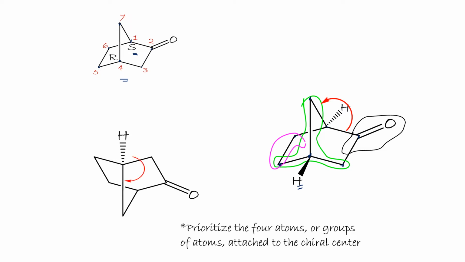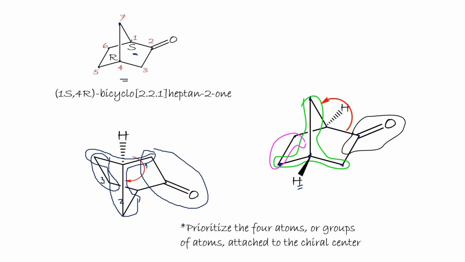Again, we have this group, number 1, number 2, and here is 3. 1, 2, 3, that's clockwise, so the name will be 1S,4R-bicyclo[2.2.1]heptan-2-one.